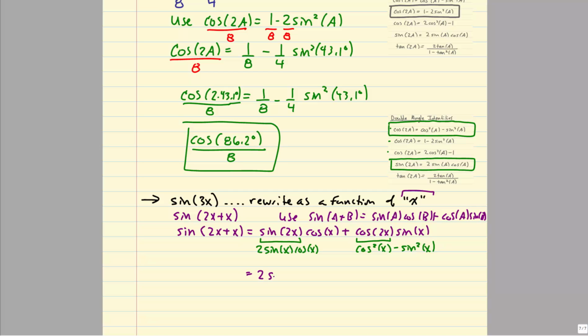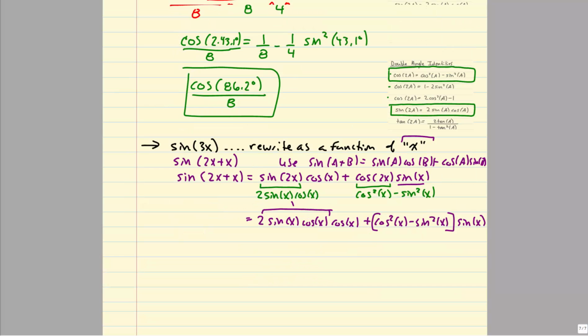So this is 2 sine x cosine of x times cosine of x. Again, that's this piece right here. Plus cosine squared of x minus sine squared of x. Now this entire thing, so I need to put this in brackets, is multiplied by sine of x. And then I'll distribute.